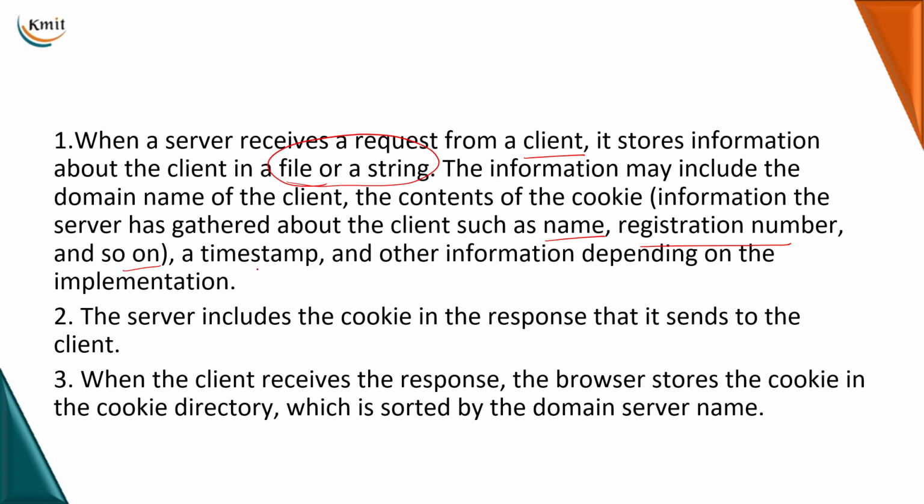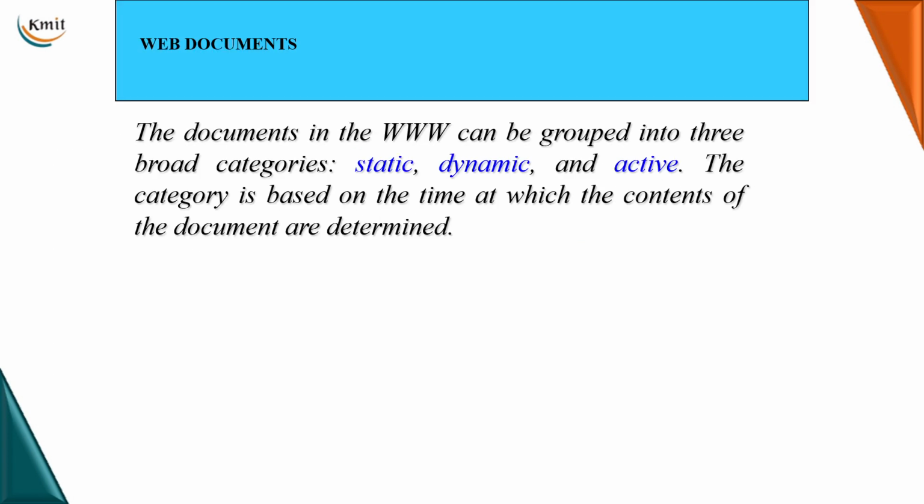It may also include a timestamp and other information depending on the implementation. Very importantly, the server includes the cookie in the response that it sends to the client. And when the client receives this response along with the cookie, the browser will store the cookie in the cookie directory. So this is the purpose of cookies.